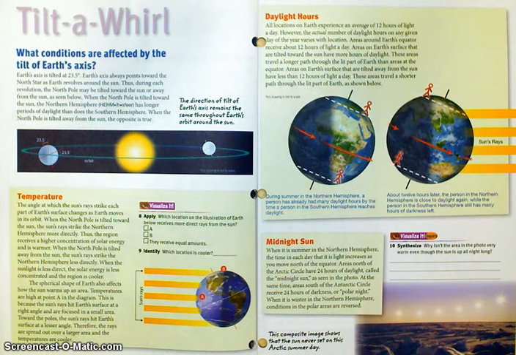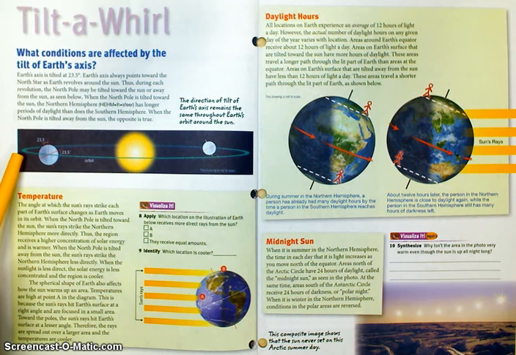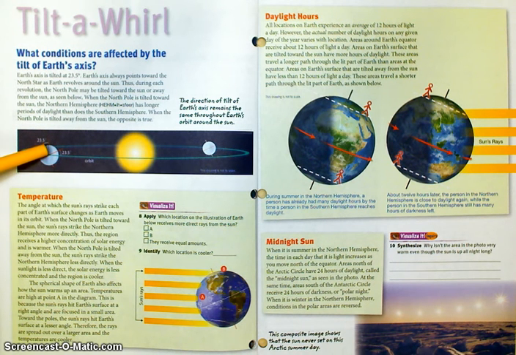So if you look at the diagram, the greenish blue shows you the orbital path of the Earth as it moves around the sun. This dashed line right here shows you where the axis should be if the rotational axis and the orbital path were perpendicular. If those two were perpendicular, we wouldn't really experience seasons for the most part.